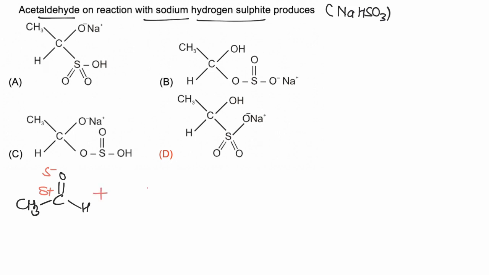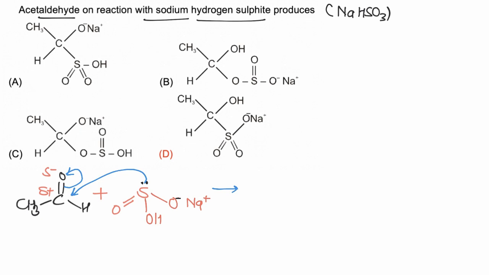If we draw the structure of NaHSO3, this molecule is S double bond O, OH, O negative, Na positive. Now this molecule has a lone pair on the sulfur atom. So this sulfur acts as nucleophile and donates a pair of electrons to carbon. Simultaneously, carbon oxygen bond electrons are shifted towards oxygen.